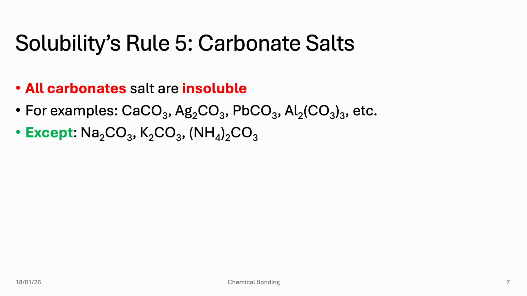So the exception would be the soluble ones. The exception reinforces rule number 2, which is that cations from group 1 and ammonium are soluble. So the exceptions are from group 1 or ammonium, which are sodium carbonate, potassium carbonate, and ammonium carbonate.